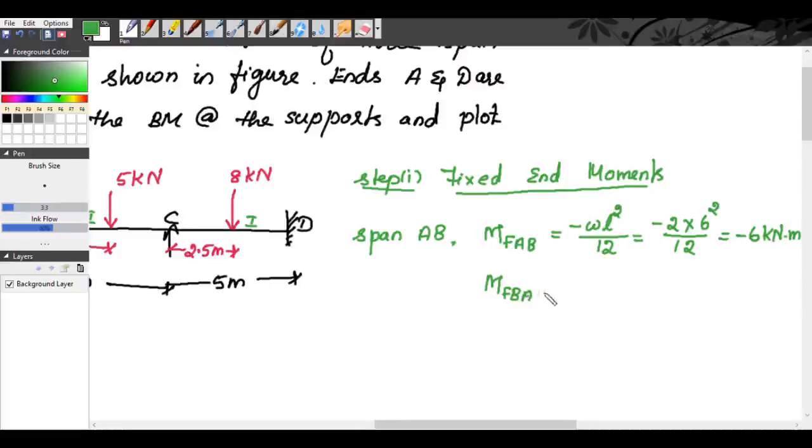MFBA will be equal to plus WL square by 12, that is 2 into 6 square by 12, 6 kilonewton meter.